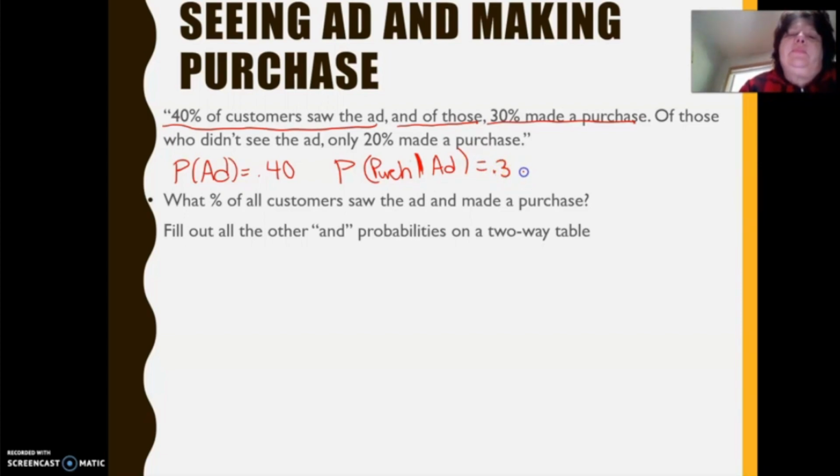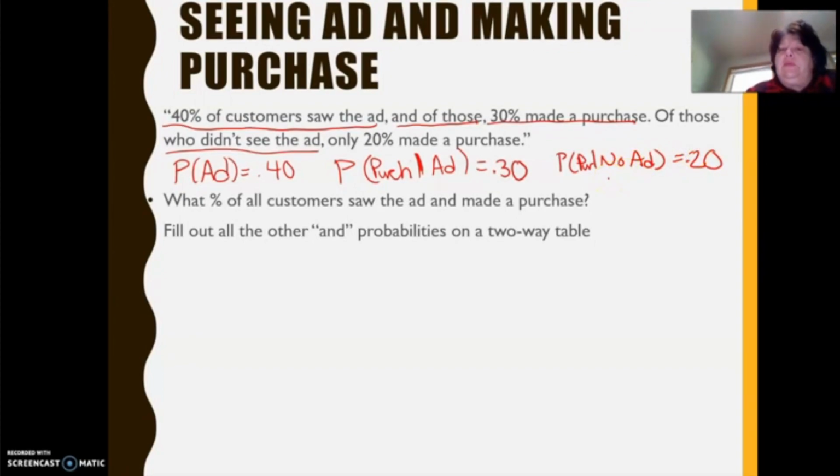And then it says, of those who didn't see the ad, that's given no ad, purchase given no ad is 20%. And then we also need probability of didn't see the ad to kind of balance everything out. And that's 1 minus the 0.4 we were given, which is 0.6. Looking over here on the left.